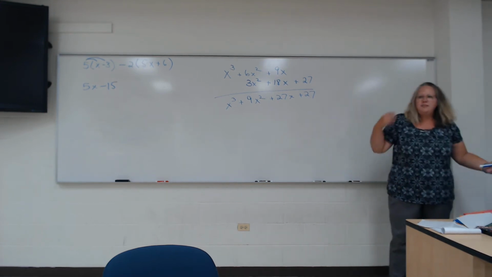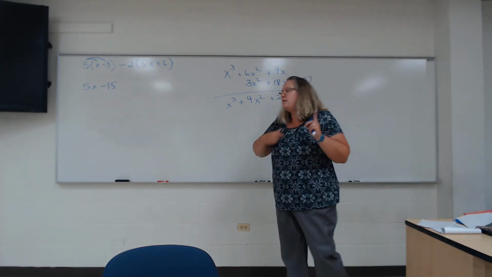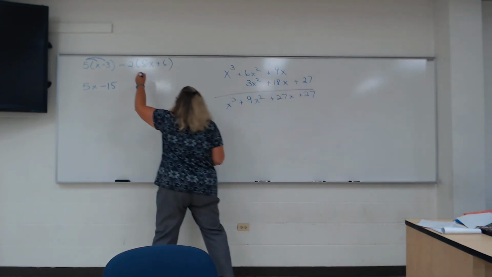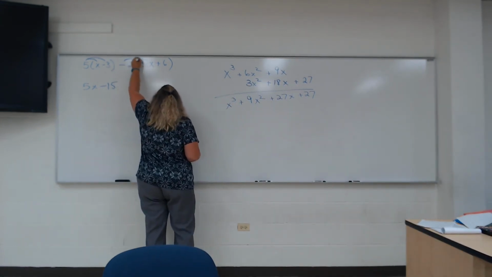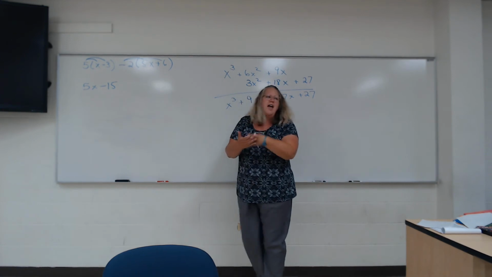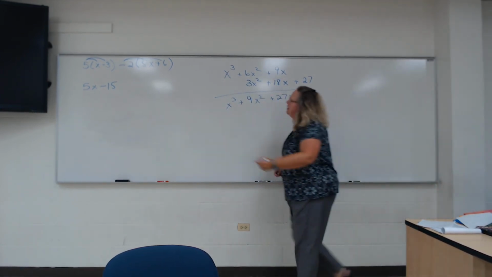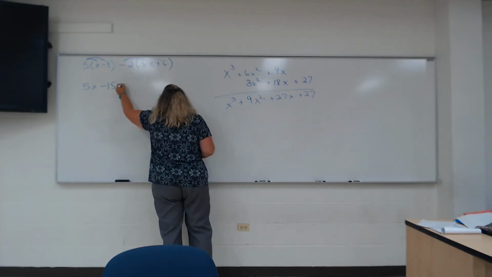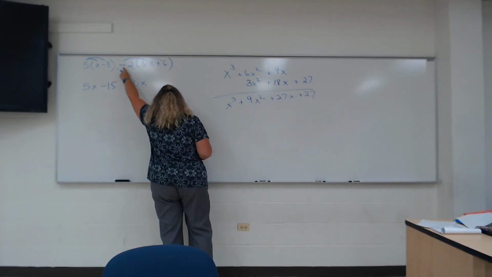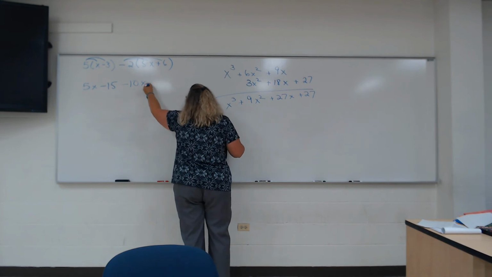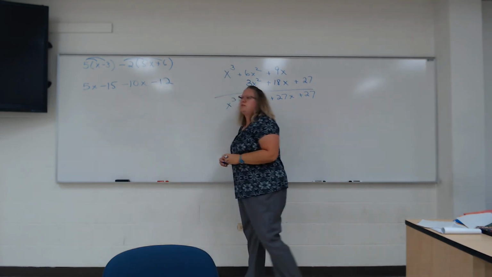You must take the sign with. Do not forget about that negative. And Tom, the teacher, he always would say, respect the negative, respect the negative. So this is going to be negative 10x, but the number one mistake is it's not 12, it is negative 12 or minus 12.